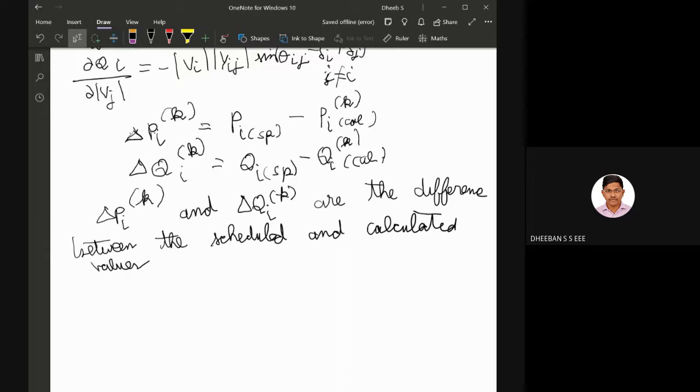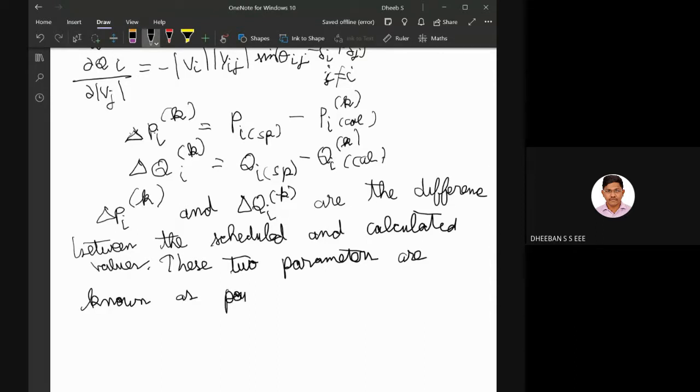After this, these two parameters are known as power residuals.